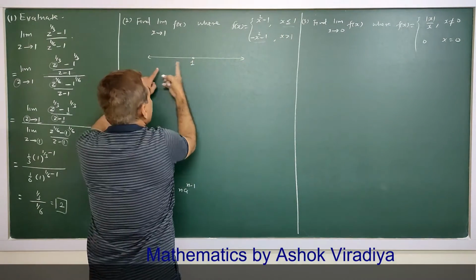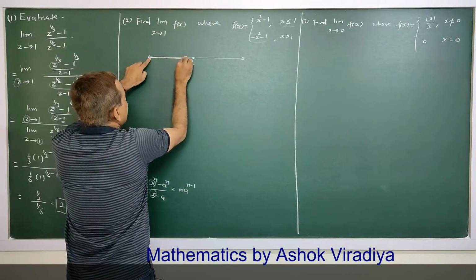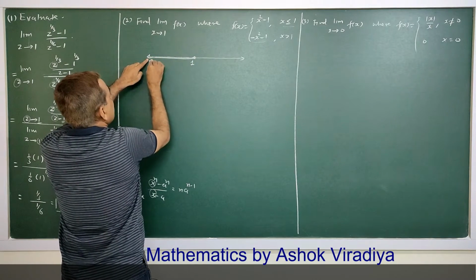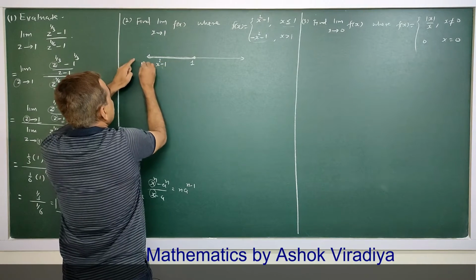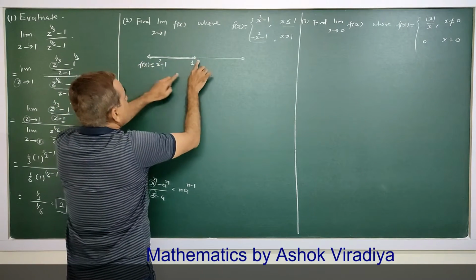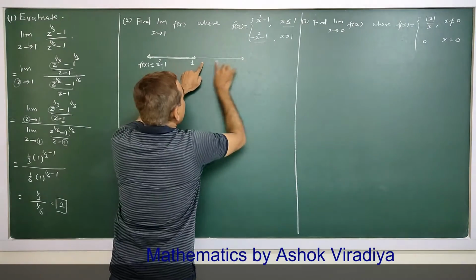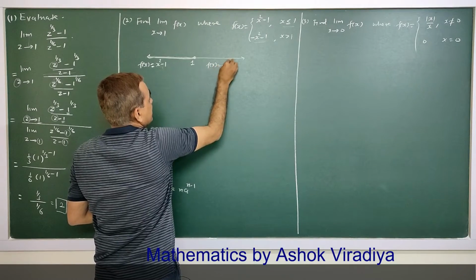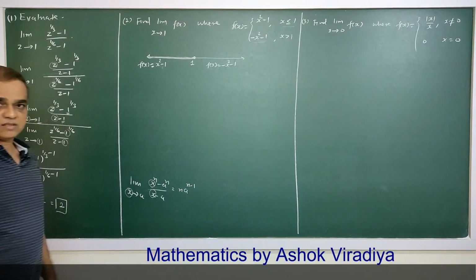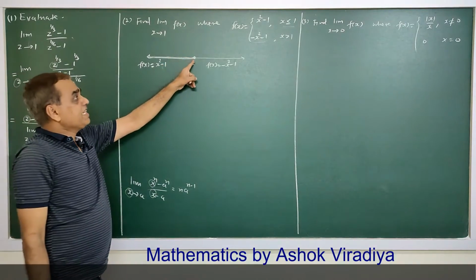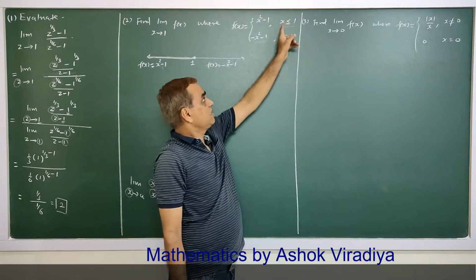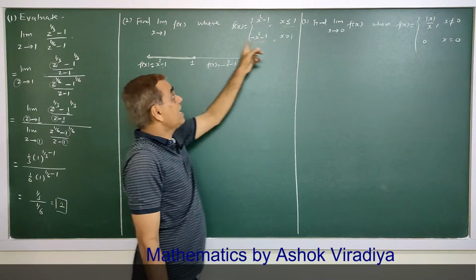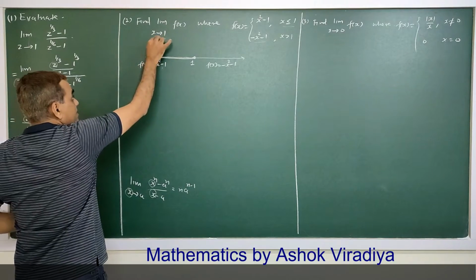If x is less than or equal to 1, for all these values of x, f(x) is x square minus 1, and for all these values of x which are more than 1, f(x) is minus x square minus 1. The function is changing its formula at 1, and we are asked the limit at 1.